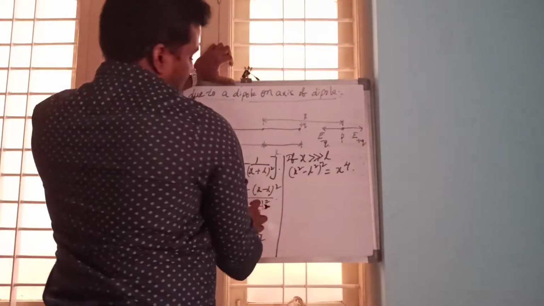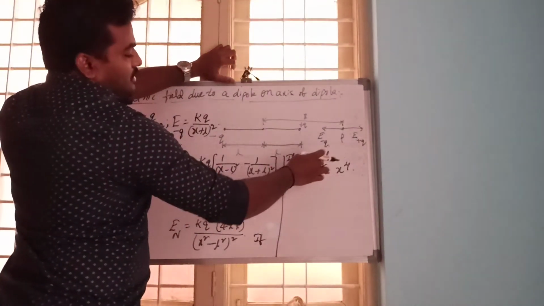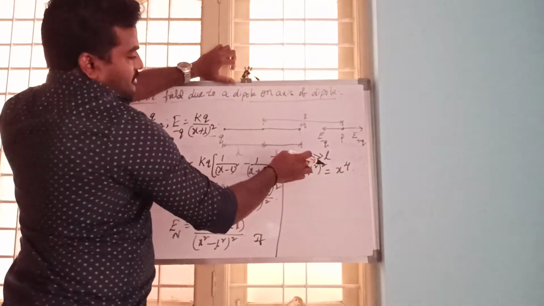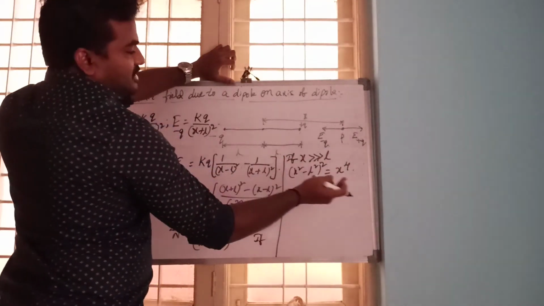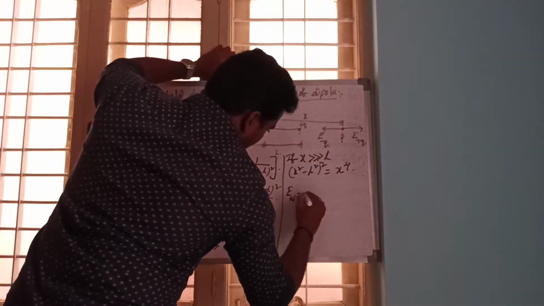We can neglect L, because if x is 100 and L is 0.1, x square is 10 power 4, 10,000, minus 0.01, very negligible. So x power 4.